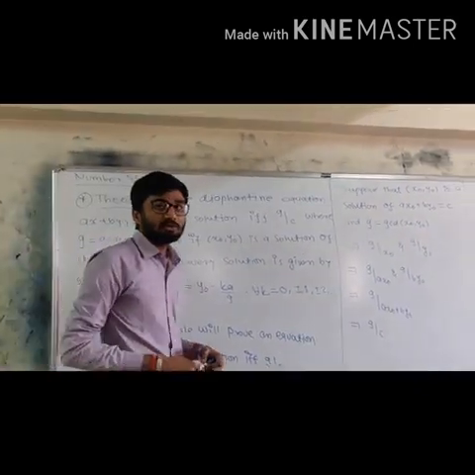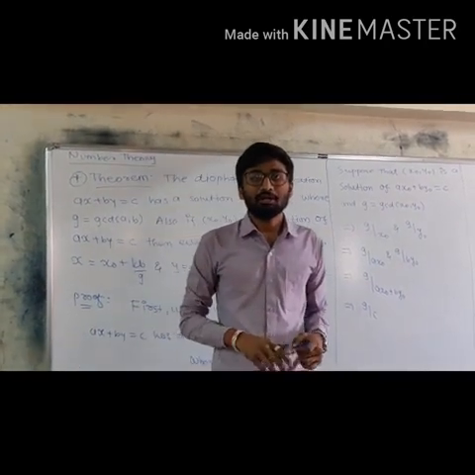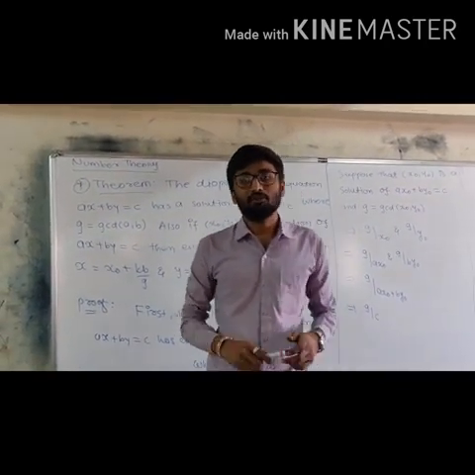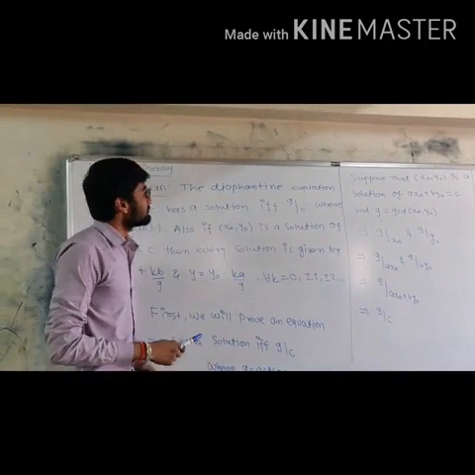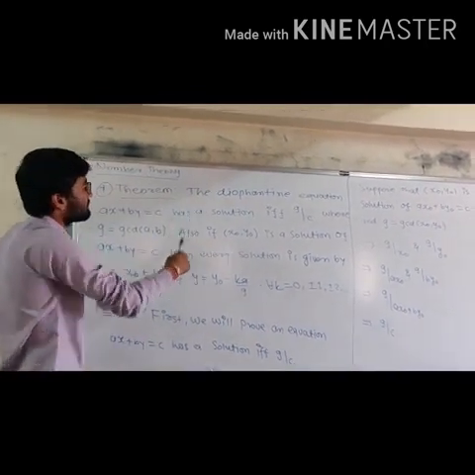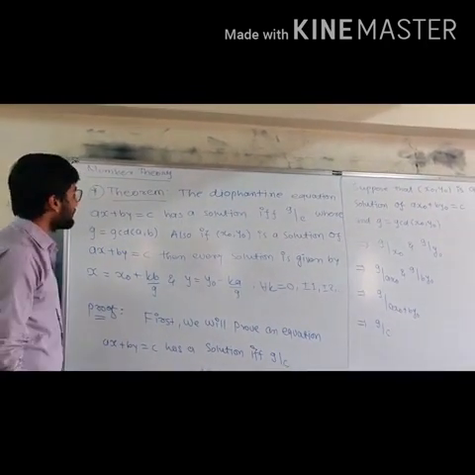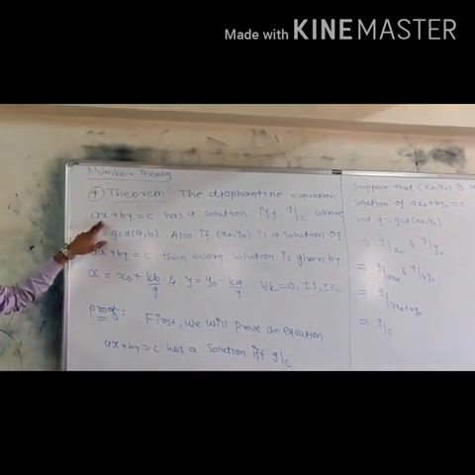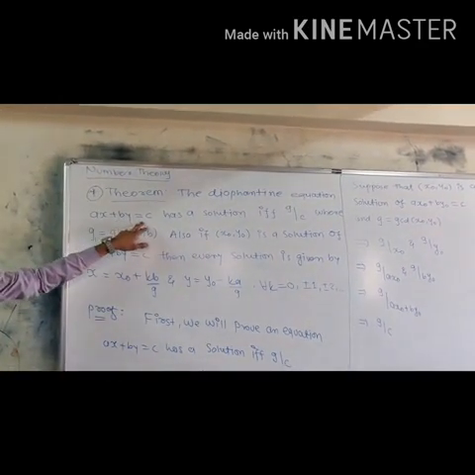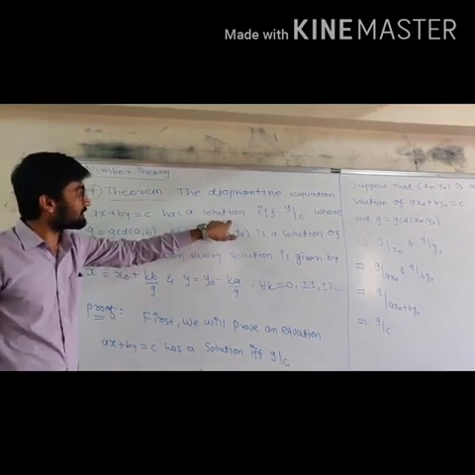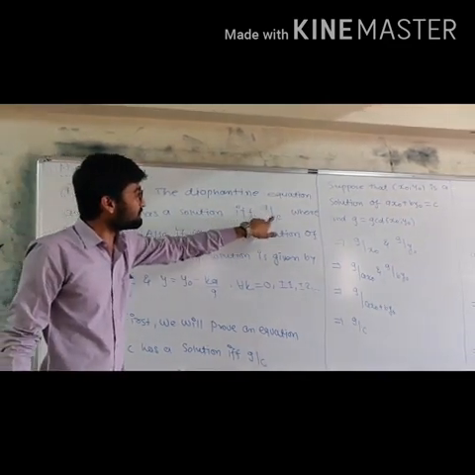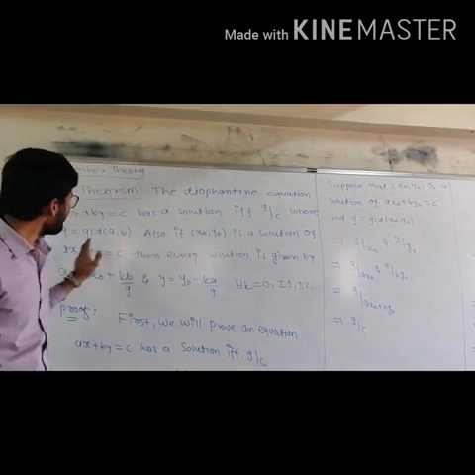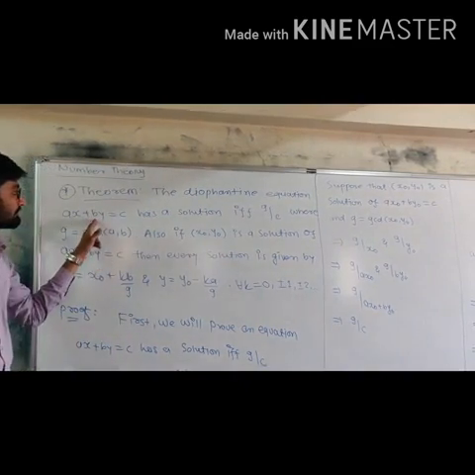There is a theorem for the solution of a linear Diophantine equation. So here the linear Diophantine equation, that means ax plus by equal to c, has a solution if and only if g divides c, where g is the GCD of a and b.